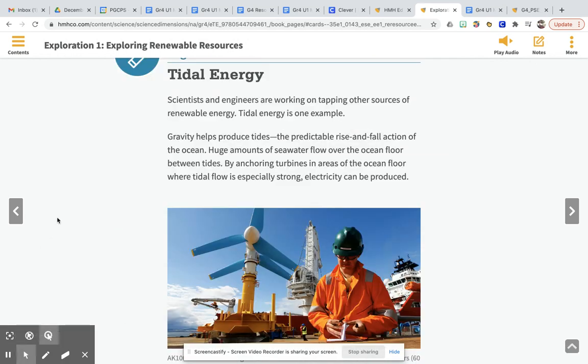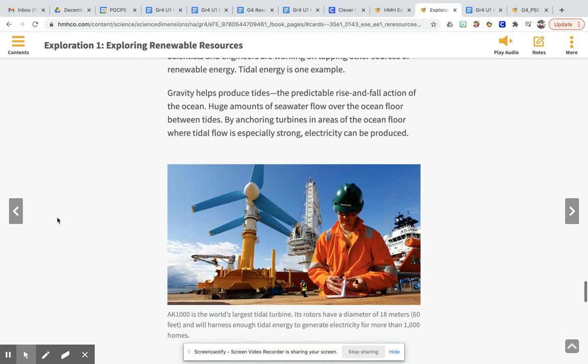So now we're going to talk about tidal energy. It says that scientists and engineers are working on tapping other sources of renewable energy. Tidal energy is one example. Gravity helps produce tides, the predictable rise and fall of the ocean. Huge amounts of seawater flow over the ocean floor between tides.